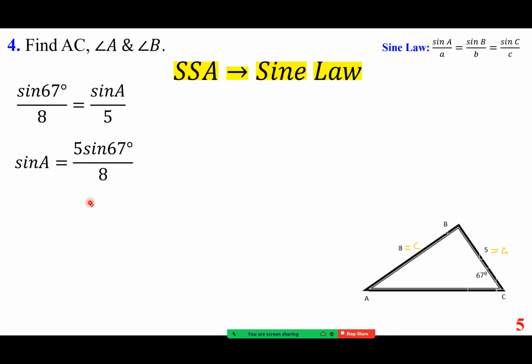And you find the sine A, and the angle A is the inverse sine. So whatever this number is, the inverse sine gives you 35.1 degrees.